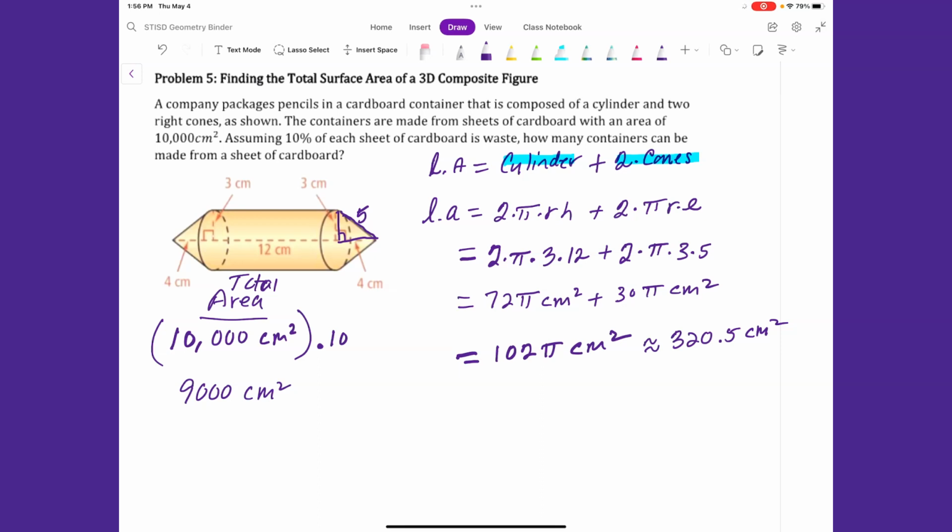So if I have 9,000 to work with, to figure out the amount that I can produce, you simply have to divide 9,000 centimeters squared by 320.5 centimeters squared, and estimate. That will estimate how many you can produce from that cardboard: 28 of those figures.